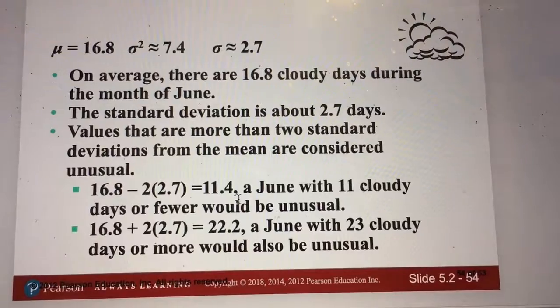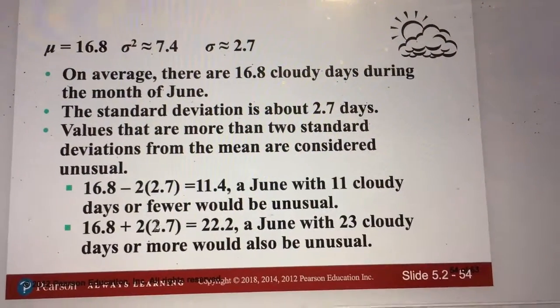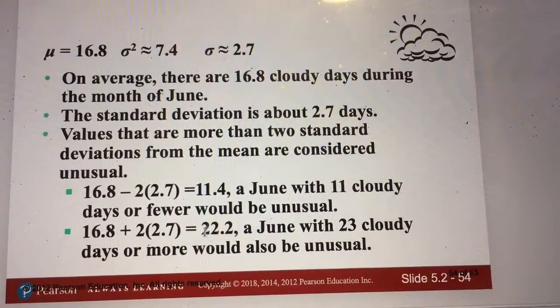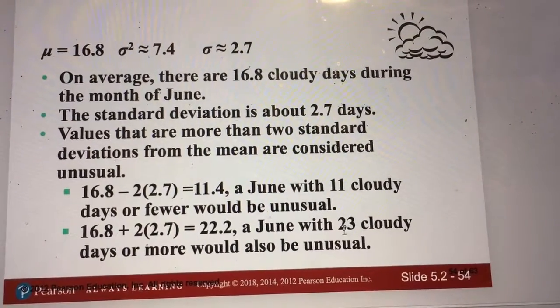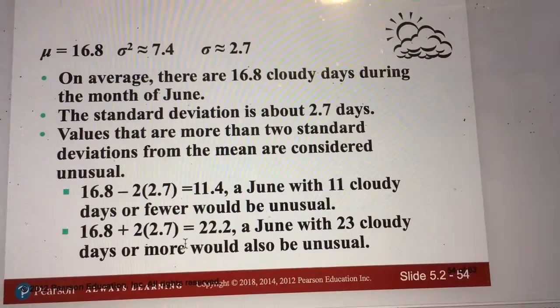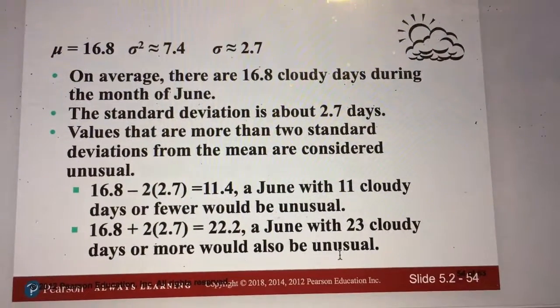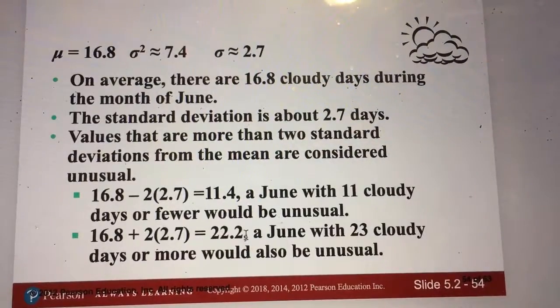If you had fewer than 11.4 cloudy days, that would be unusual. If we had more than 22.2, remember my number was 24, a June with 23 cloudy days would be unusual. So I had picked 24, and it is above the 22.2.